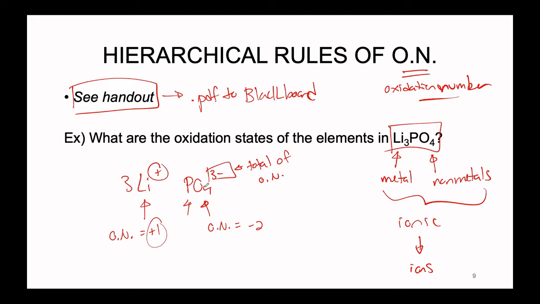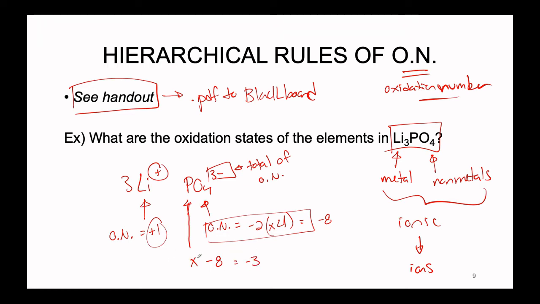So all 4 of these oxygens are going to have a -2 oxidation number, meaning that there is a total of -8 in terms of negative oxidation number. And so the oxidation number of phosphorus, which is our X right now, our unknown, minus the 8 from all of the oxygens present here, is going to have to equal the total on the phosphate ion, which is -3.